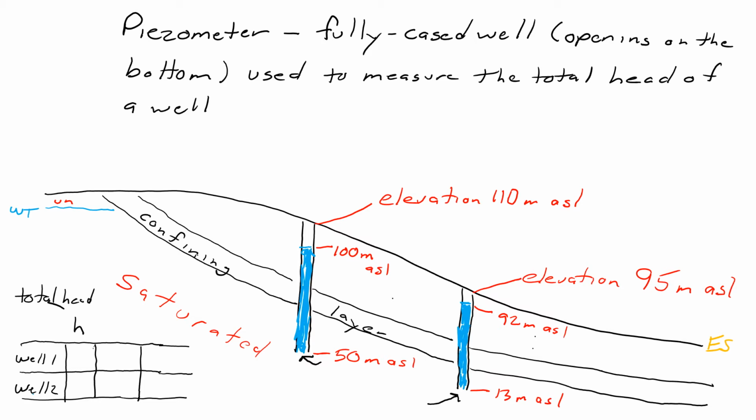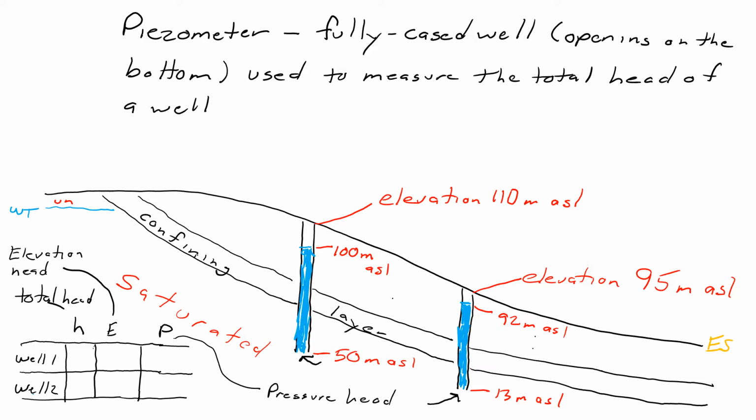We're going to measure H, which again is total head. We're going to measure E, which is the elevation head. And we're going to measure P, which is our pressure component or pressure head. Remember, all these can be measured in meters.